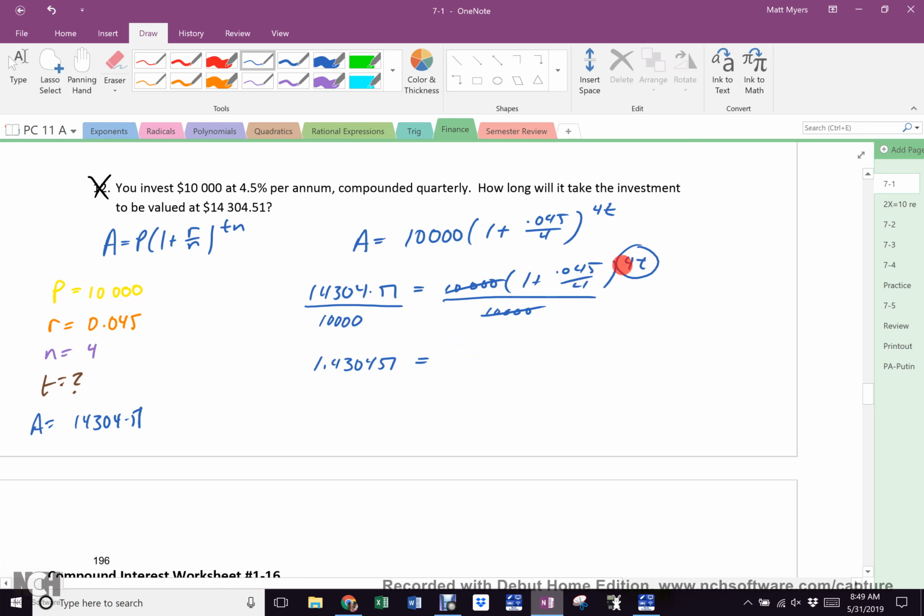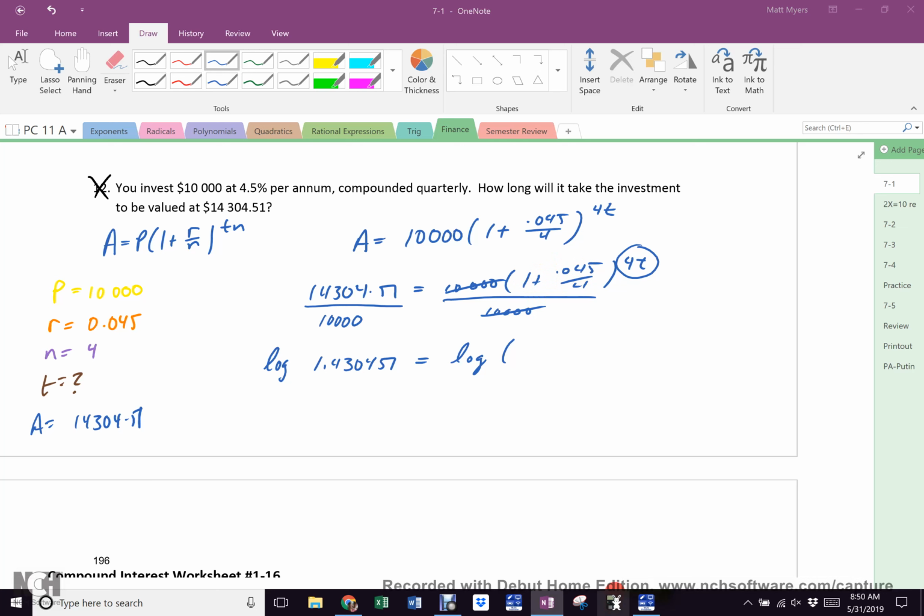Now, what do I need to do to both sides if I've got a variable exponent? I need a log, right? Log 1. Now, could I tidy this up with my calculator now? How would I do that? What would I do first, the division or the addition? Or would I punch it all in at once, using some brackets? Does it matter?